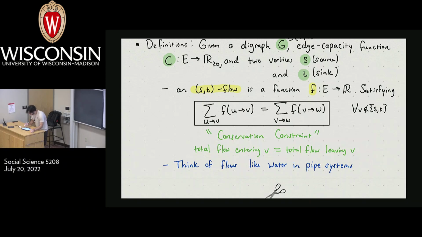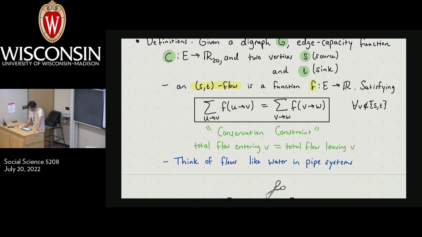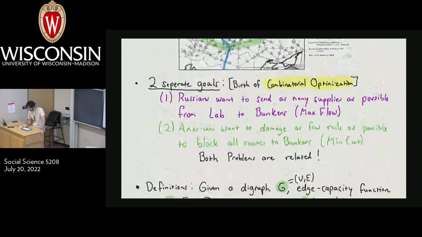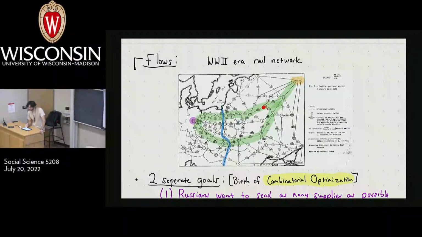Okay? So now an S-T flow in the graph is just a function on the edges, and it satisfies this special property called the conservation constraint. Intuitively, what this is saying is the total amount of flow, or the total amount of resources, that enters the node V equals the total amount of flow that's exiting V. So this just says more supplies aren't magically manifested in the middle of some rail.